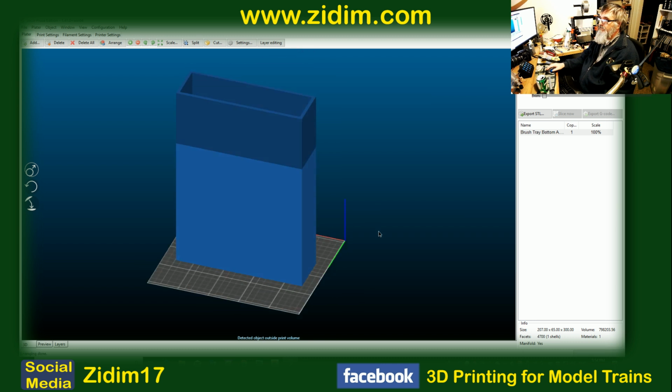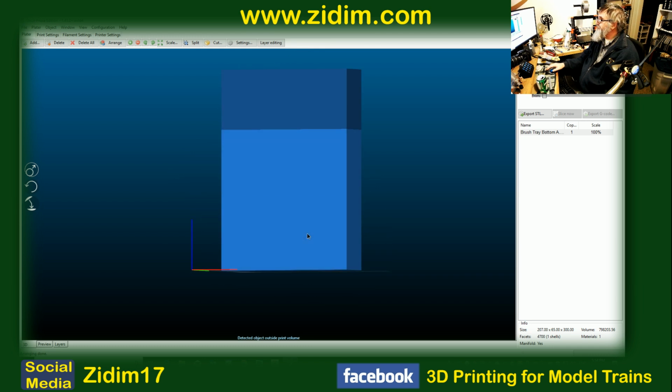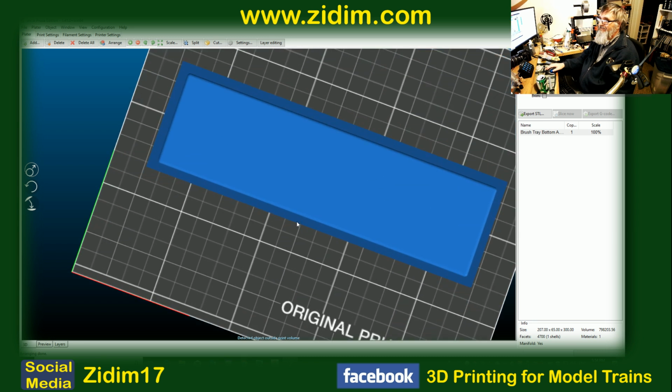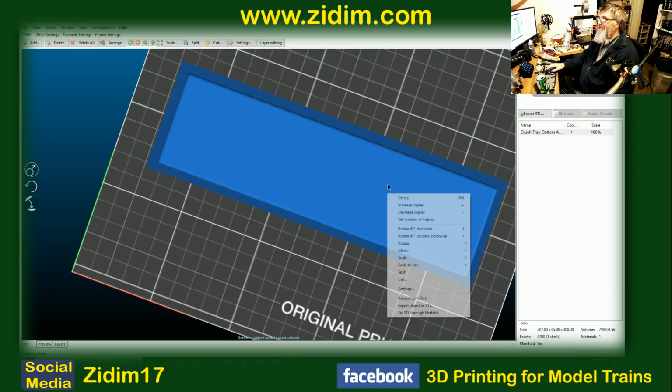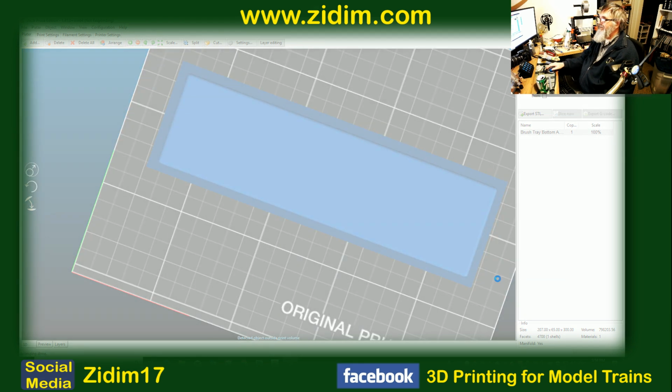And that doesn't look anything like what I was building. Nope. Not even. Slicer likes it.